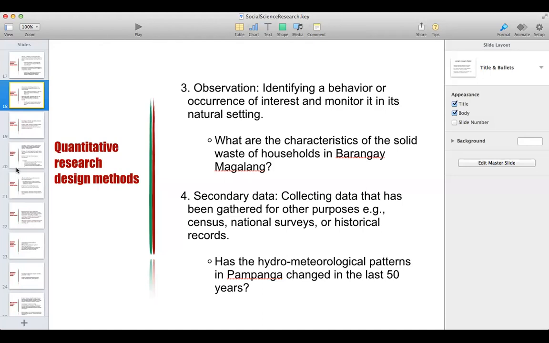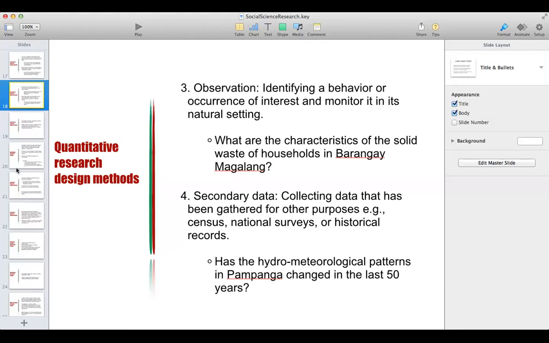Sa conservation, nauuso ngayon yung, like for instance, yung risk assessments, right? So may mga questionnaires on resiliency, on the assessment of risk, on the assessment of vulnerability, or the assessment of exposure of a particular community. So when you do risk assessment, you make use of survey.